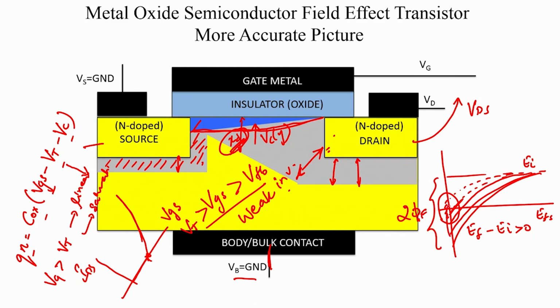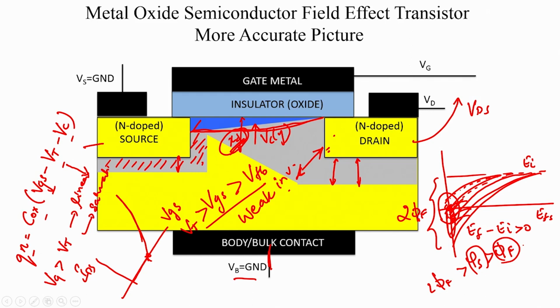But all these regions, wherein phi s is greater than phi f but less than 2 phi f, are said to be weak inversion, which means that electrons are encouraged to appear at the surface, starting from well before, even when phi s is less than phi f.